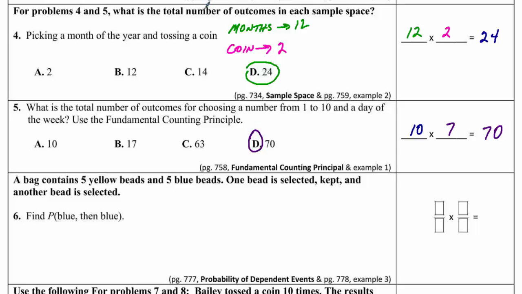You could have the number 1 with Saturday, 1 with Sunday, 1 with Monday, 1 with Tuesday, 1 with Wednesday. Get through those first 1 with 7 different things, then 2 with 7 different things, 3 with 7 different things. So our shortcut, we could build another sample space like we did on the last one, but our shortcut is to say there are 10 digits, there are 7 days of the week. This is days of week right here.